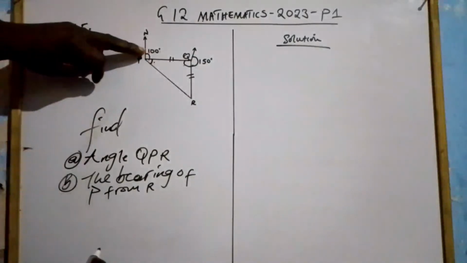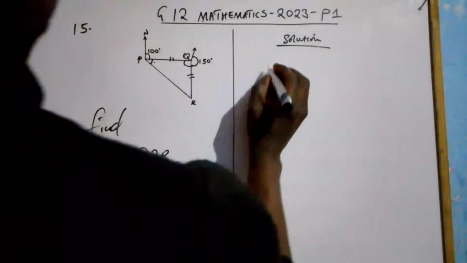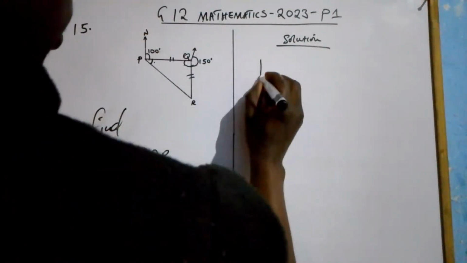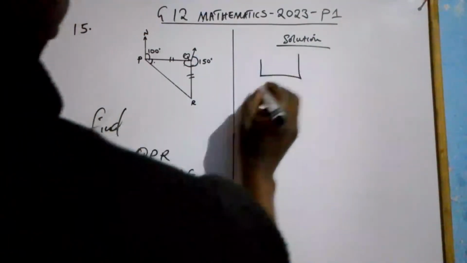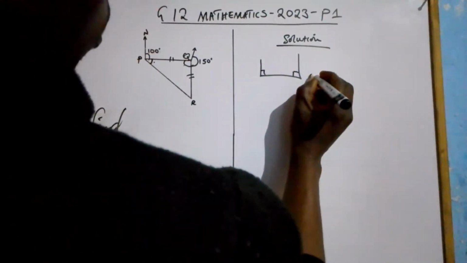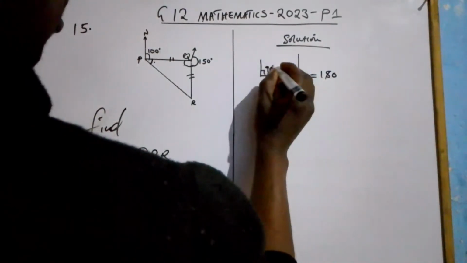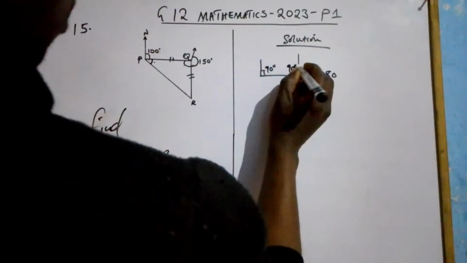If you can see here, there's 100, and remember, like I said, the angles which stand like this add up to 180. There's 90 degree and the 90 degree here.